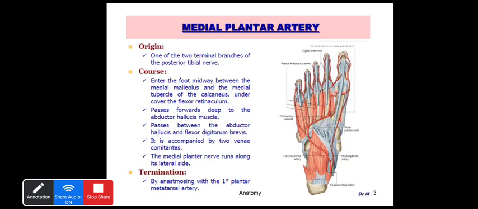Coming to the important arteries in the sole, we have the medial plantar and the lateral plantar arteries. They are branches from the posterior tibial artery, which supplies the back of the leg, accompanies the tibial nerve, and enters the sole underneath the flexor retinaculum, over the medial aspect of the ankle joint.